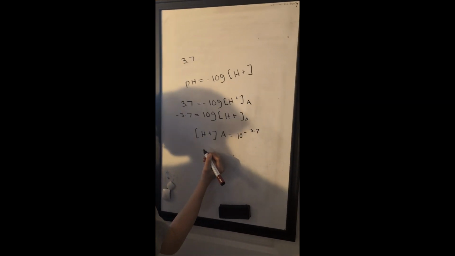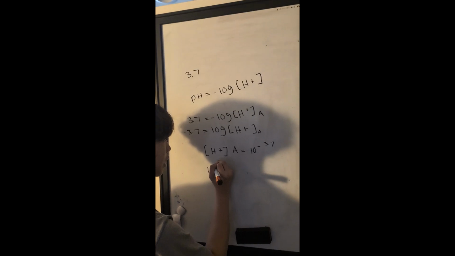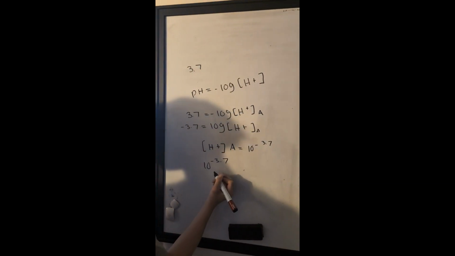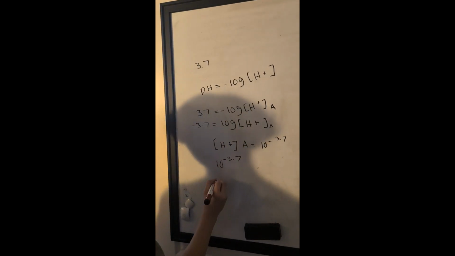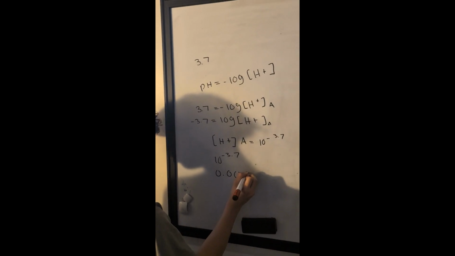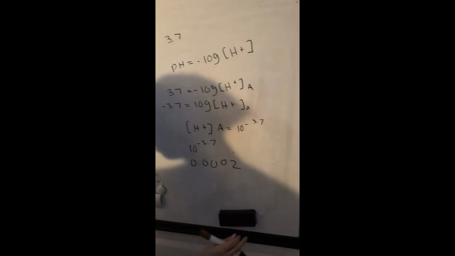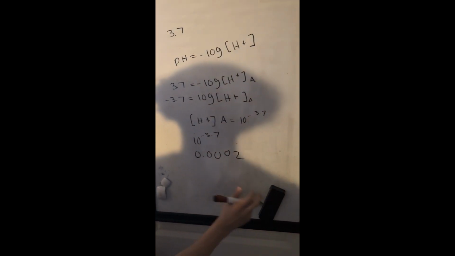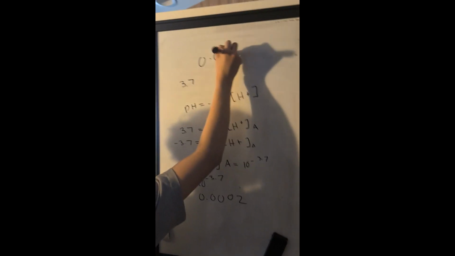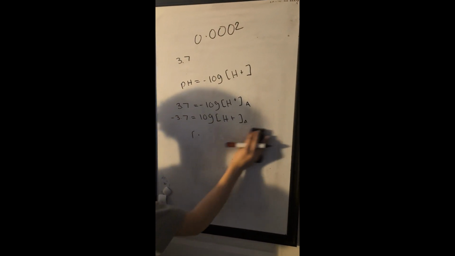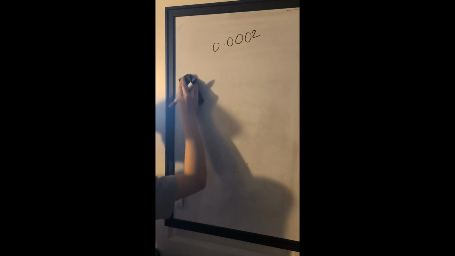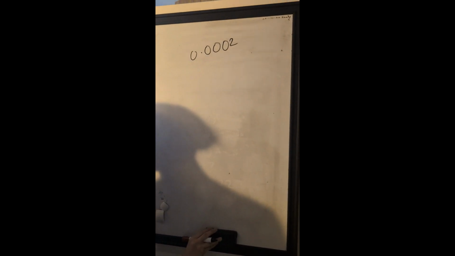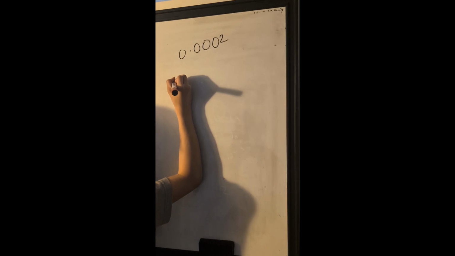Now to find out what 10 to the power of negative 3.7 is, we have to put it into a calculator, and we find that it's 0.0002. Now we have to find the hydrogen ion concentration of B. To find this, we use the equation that we had earlier.